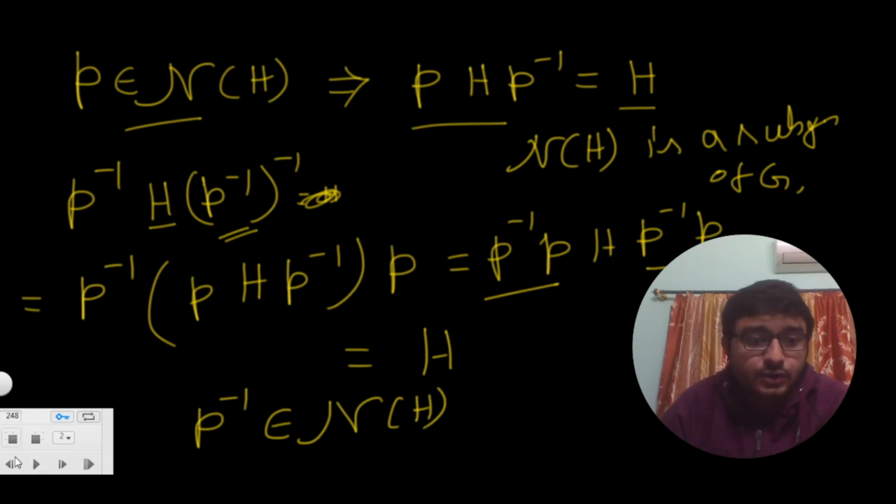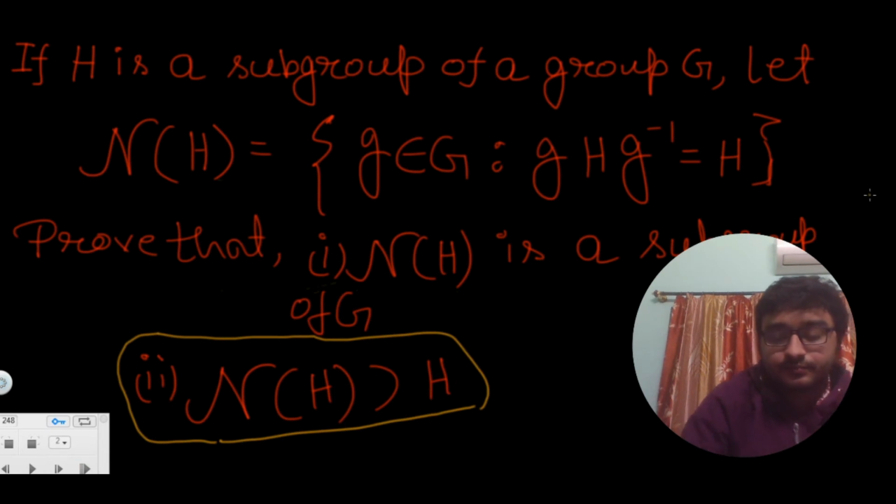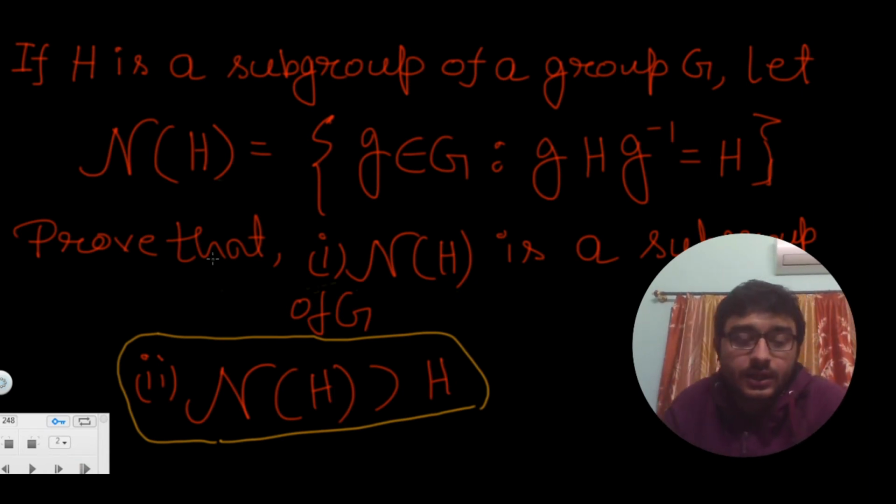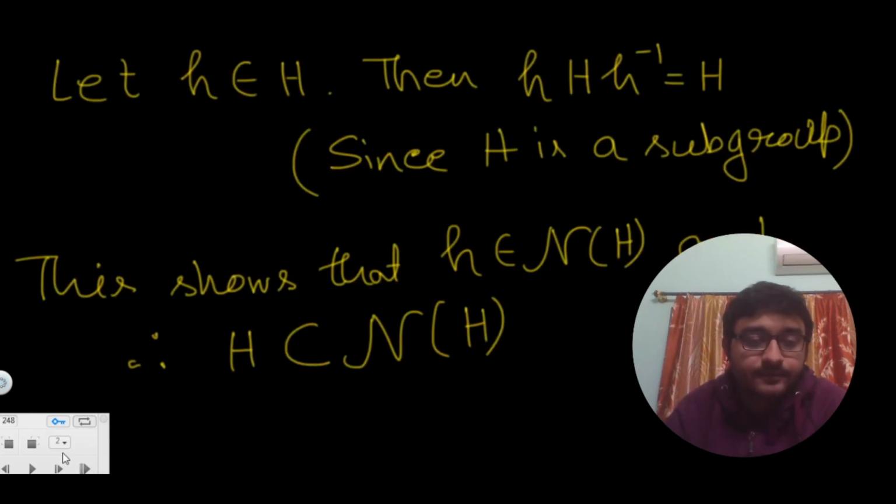So now we return to the second part, where we need to show that H is a normal subgroup of N_H. Let us see how to solve this.